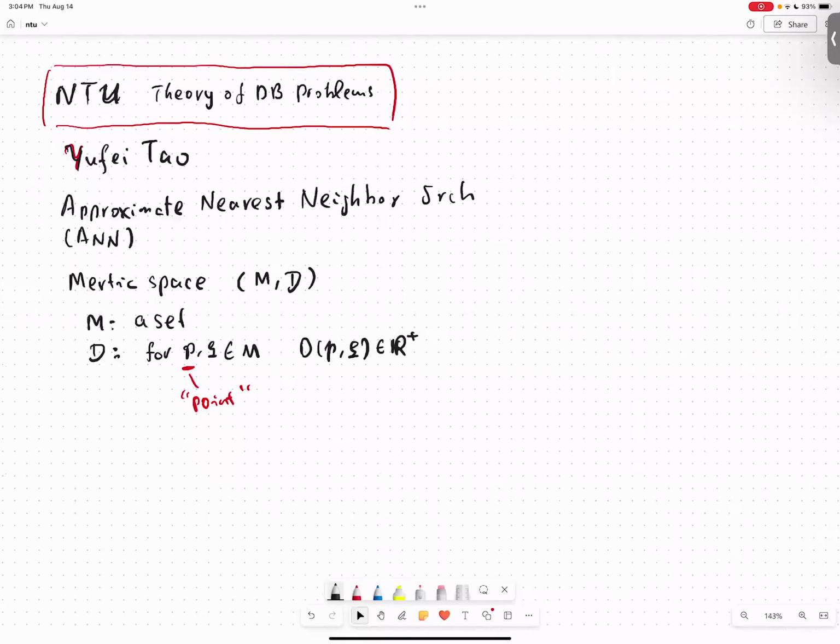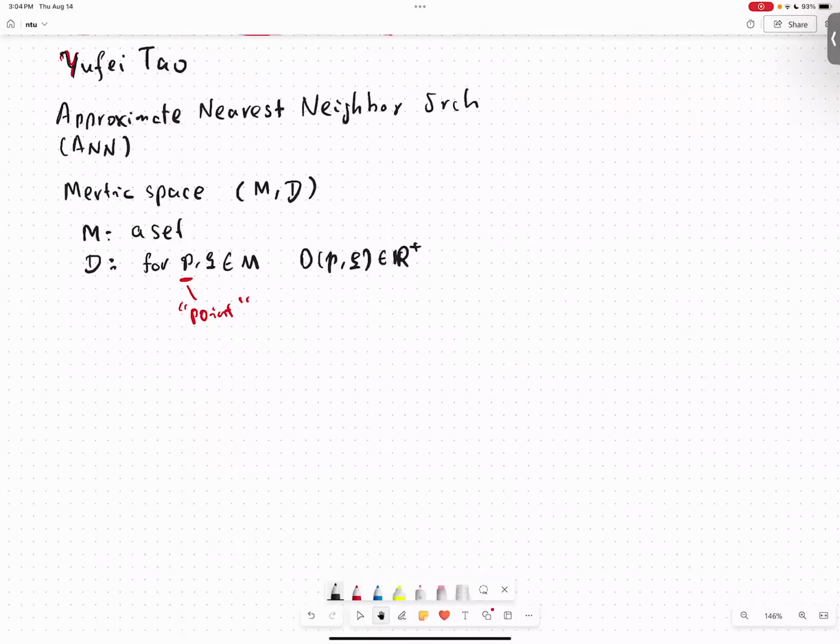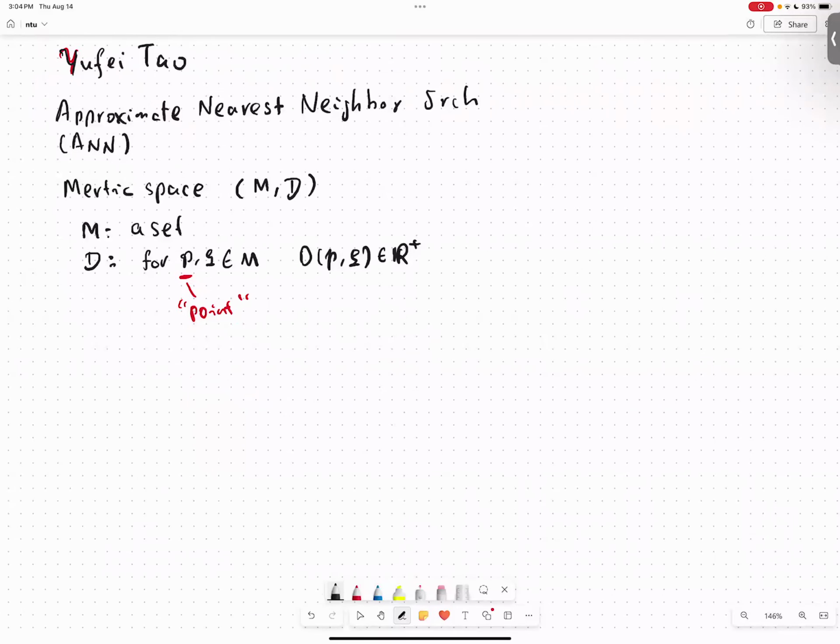If you call this pair M and D a metric space, then there must be some requirements, some assumptions that you have to fulfill regarding this distance function. There are three properties. The first requirement is that if you measure the distance from a point to itself, it's always zero.